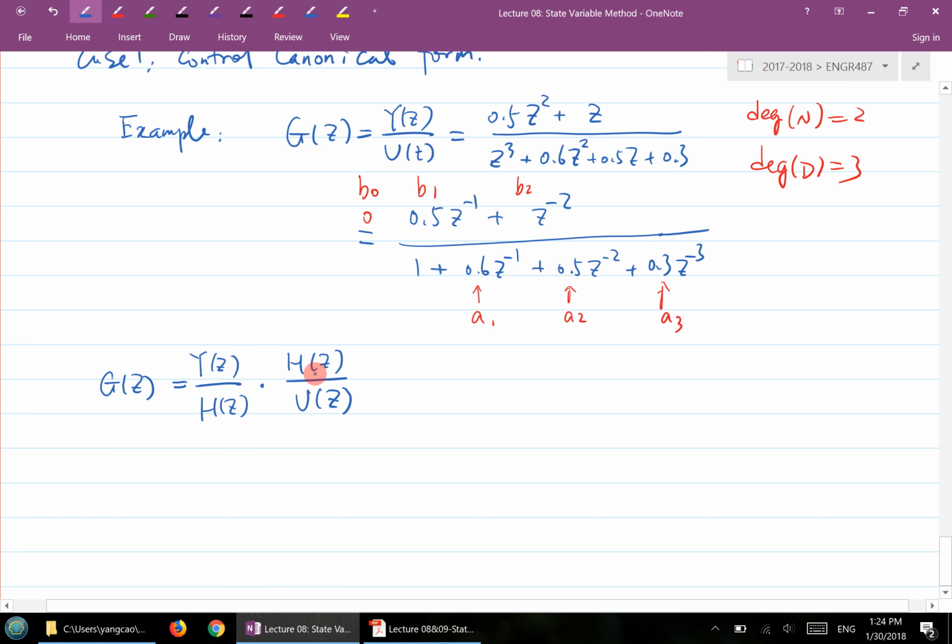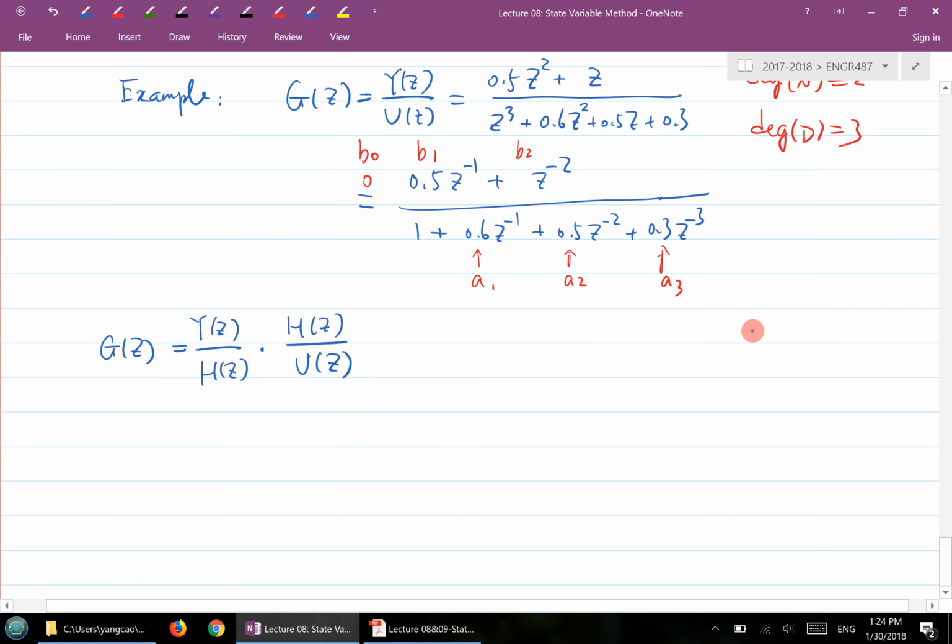Then I let Y of z over H of z equal the numerator, so equal this 0.5 and this.